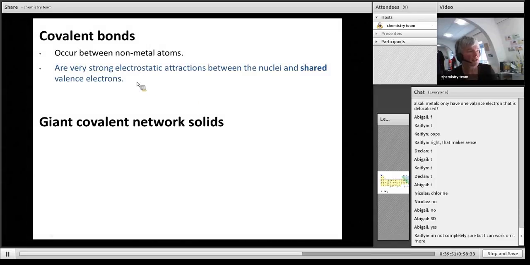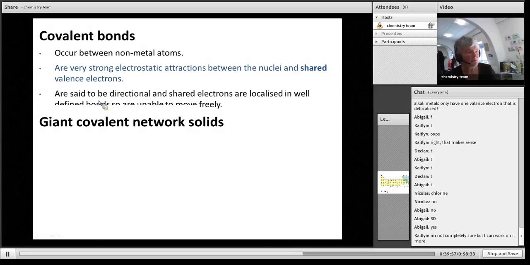Okay, and it's a shared one. The ones that aren't being shared, we're not concerned about. And we are saying they are directional. Those electrons are held in a particular place. I mean, they can still move around, but they're fixed between those two atoms. And so they can't hop from these atoms all the way down the chain to atoms down there.